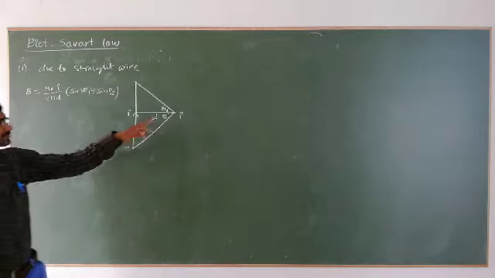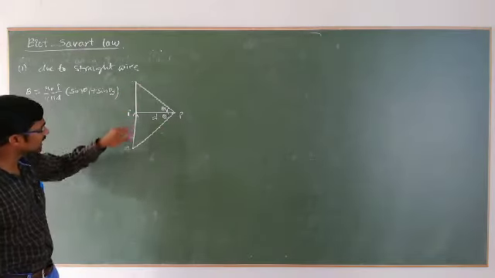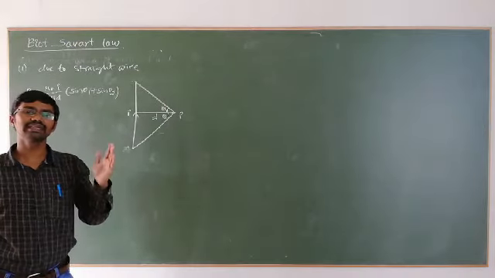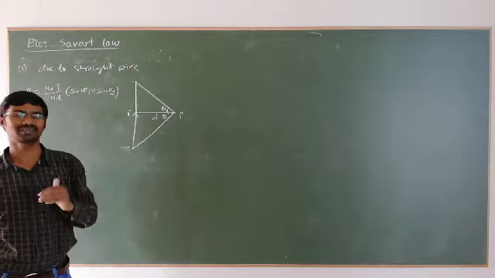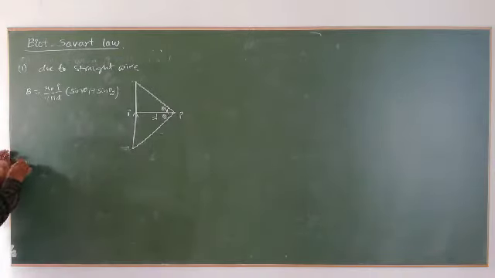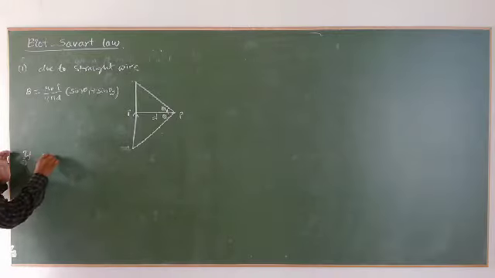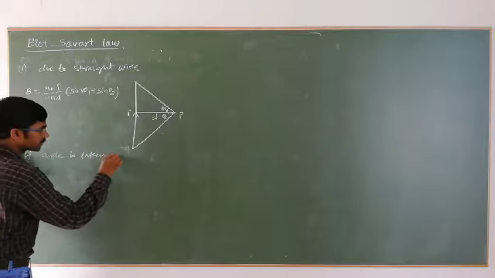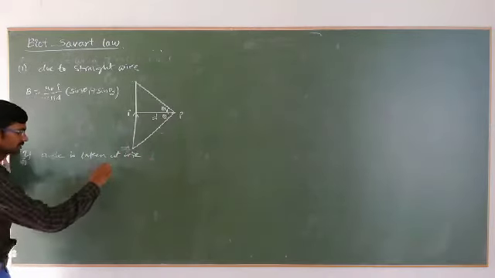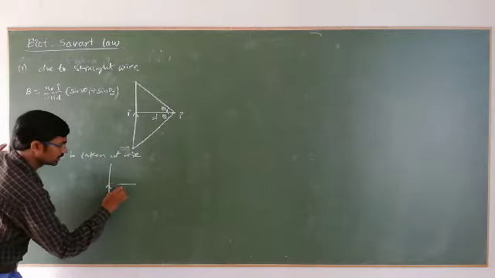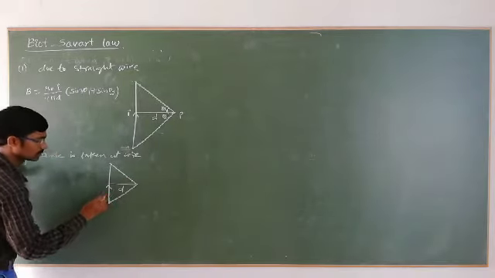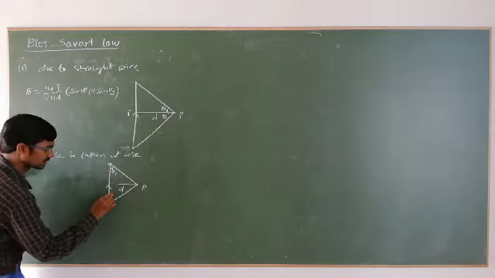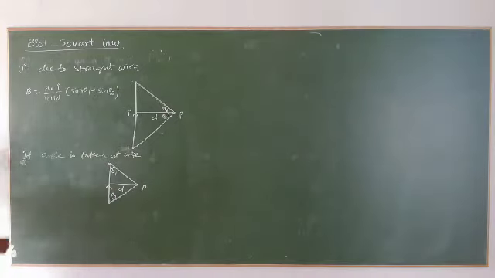But if, instead of this theta 1 and theta 2, you have taken these angles, then you already know sin(90 minus theta) is cos theta. That means if the angles are taken at this point, where we have d, if this is theta 1 and this is theta 2, what do you get here?